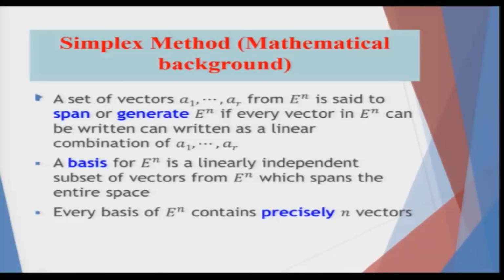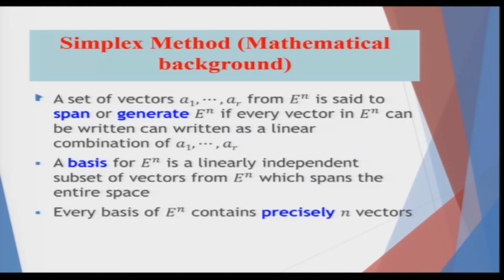So, if every vector in E n can be written as a linear combination of a 1 to a n, then, as I mentioned just before, the dimension of that overall space can be reduced in order to compare or give an expression of any other set of vectors.